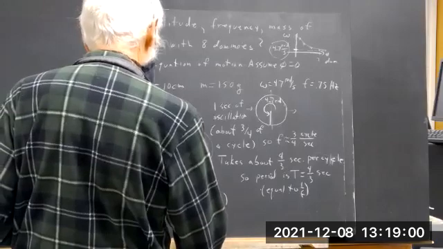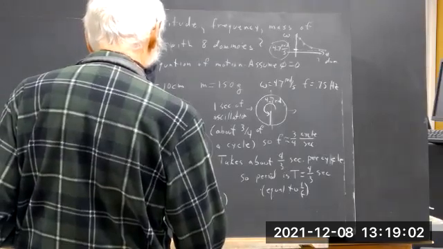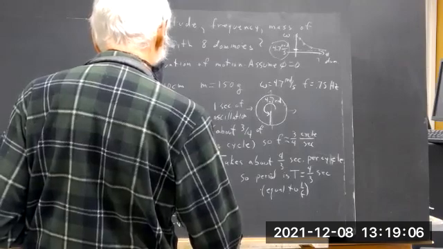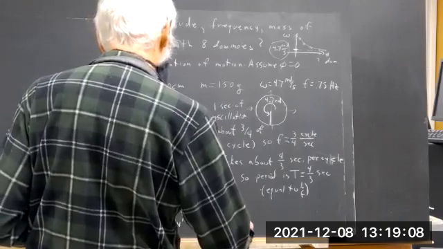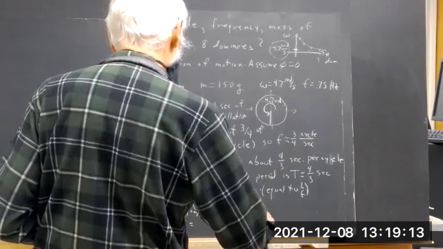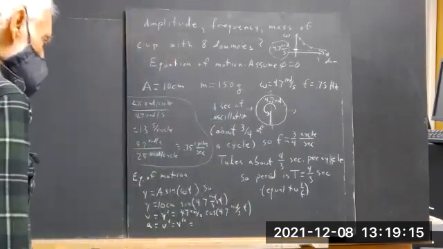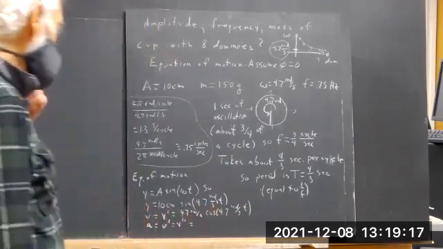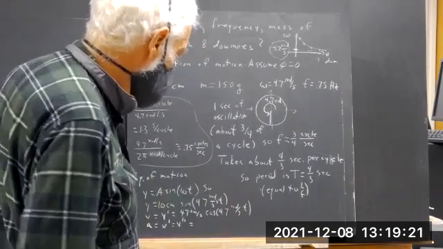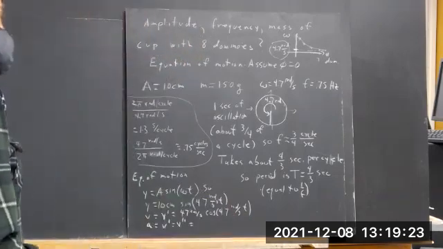So that's just going to be centimeters per second times the cosine of 4.7 radians per second times t. And then you multiply by 4.7 again, because when you take the derivative of this, you're going to get 4.7 radians per second.